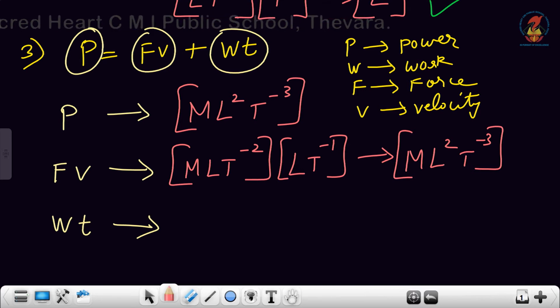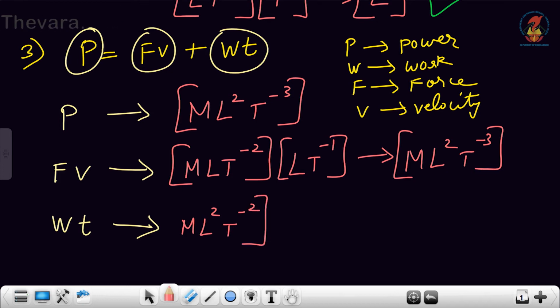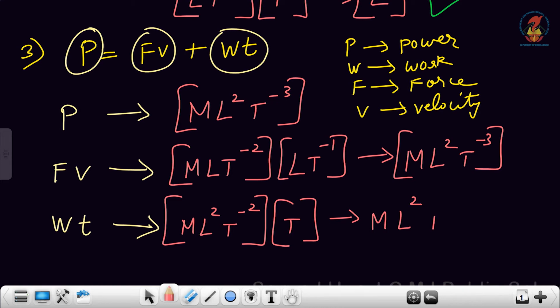Now we will go for the third one, work into time. The dimension of work is what? Yes, ML^2T^-2. That's the dimension of work, and time T. Then you multiply both. What will you get? ML^2T^-1.